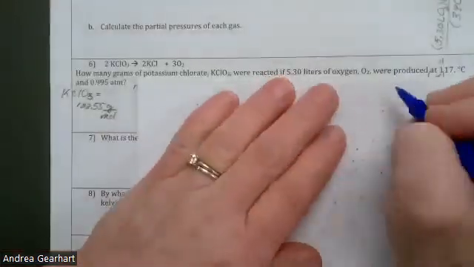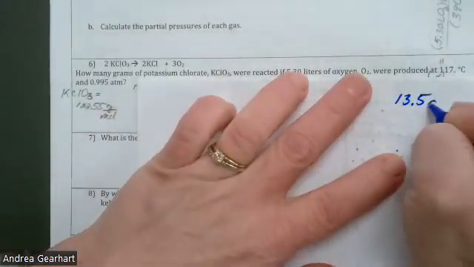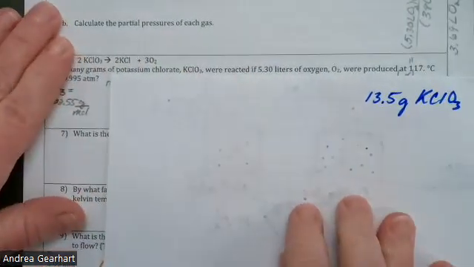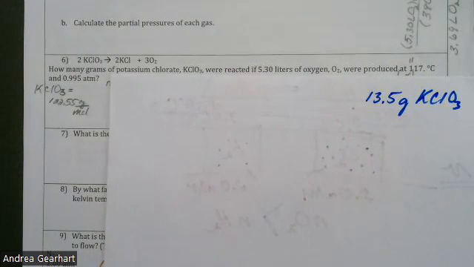Our answer is 13.5 grams of potassium chlorate. Do not worry if you're still calculating.